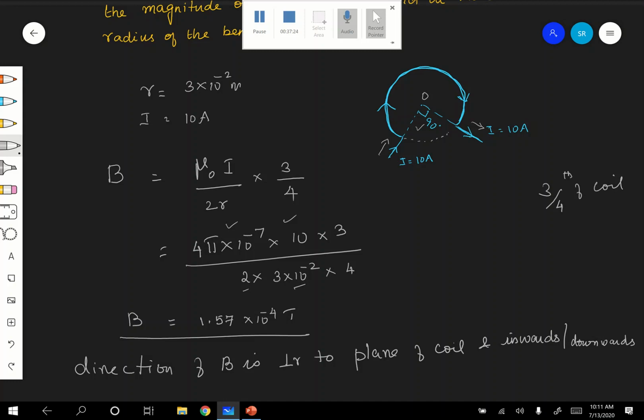Are you following? Okay, so mu naught I by 2R into 3 by 4 is correct, right? Therefore 3/4, that you have to decide. For 90 degrees only 3/4 of the coil is there. Depending upon the angle, you have to decide how much the field at the center should be. Okay, right. Now next.